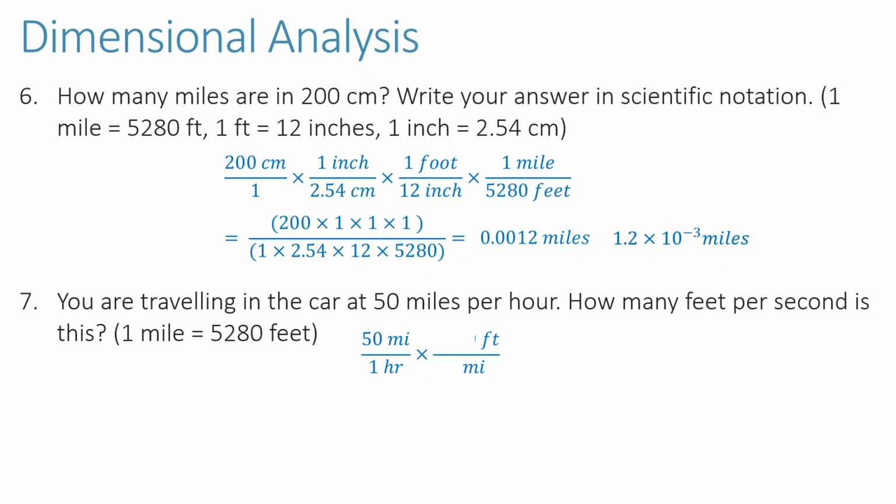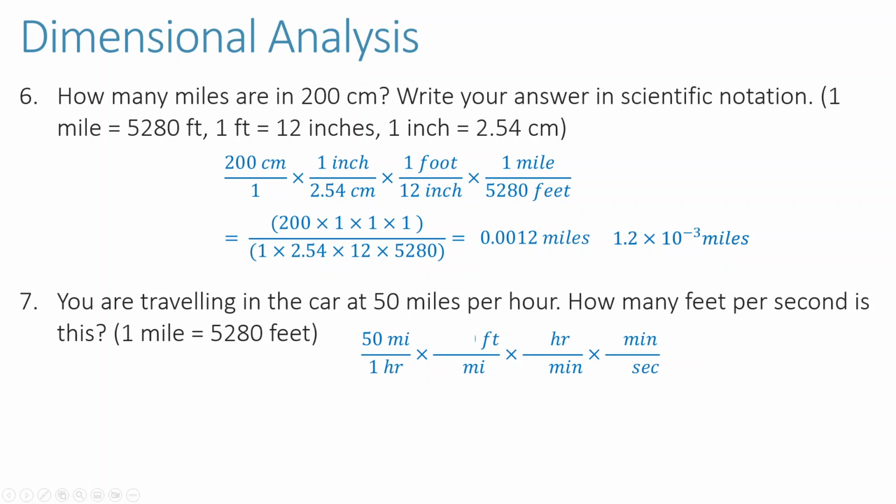So now I need to deal with this unit of hour here. Now, in this case, hour is in the denominator. So to cancel out, hour needs to be in the numerator here. If you know how many seconds are in an hour, you can do this in one step. If you don't, you change hours to minutes, minutes to seconds.